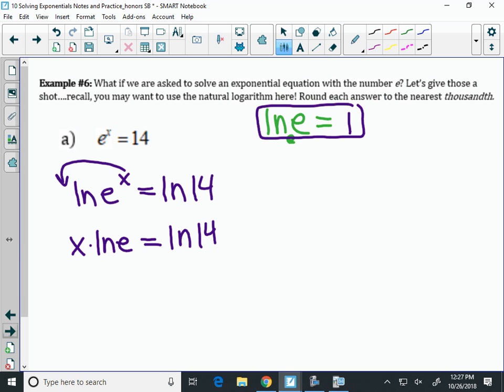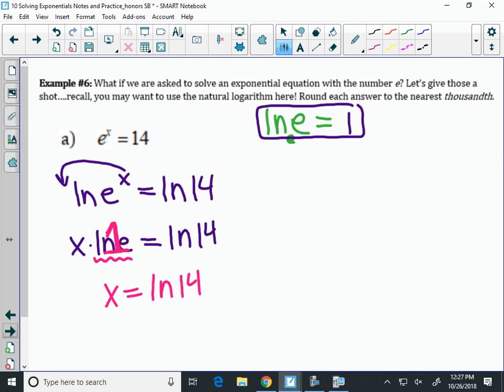Now here's where it saves you some time. We just said the natural log of e equals 1. So really, this is just a 1 right here. So what you really have is that x equals the natural log of 14. Save yourself some pencil lead too. Don't divide by the natural log of e because you're just dividing by 1 and you're not going to change the value.